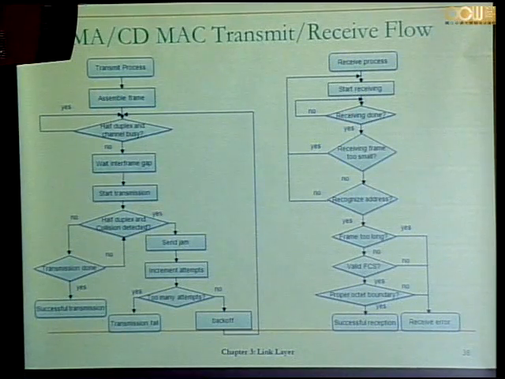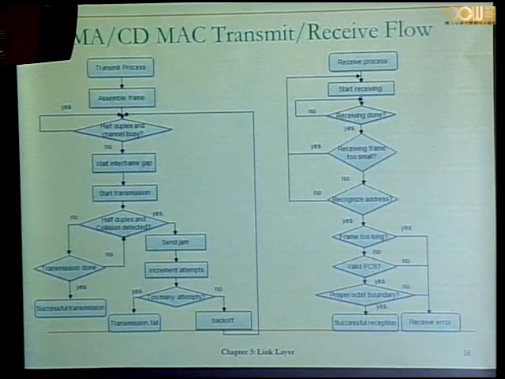So if it's full duplex, then you go ahead. Don't wait. You just have an interframe gap and then transmit. But if it's half duplex and the channel is idle, then you go ahead too. You wait the interframe gap and transmit.